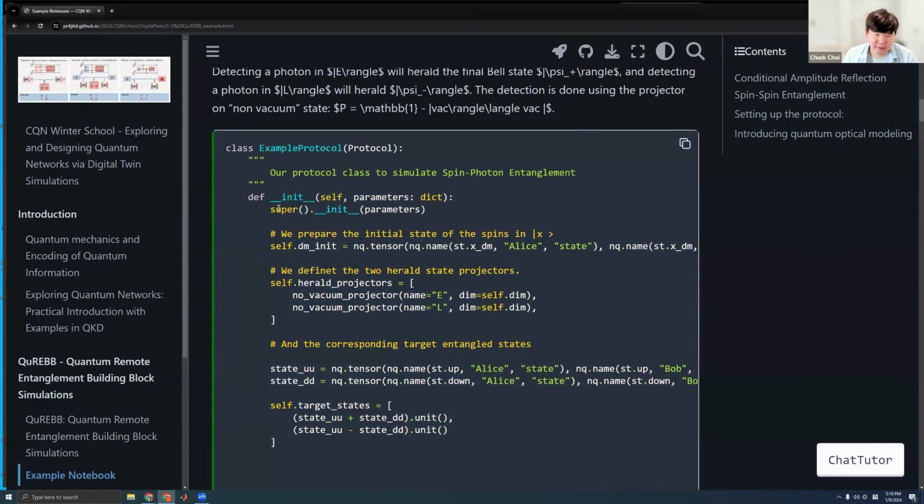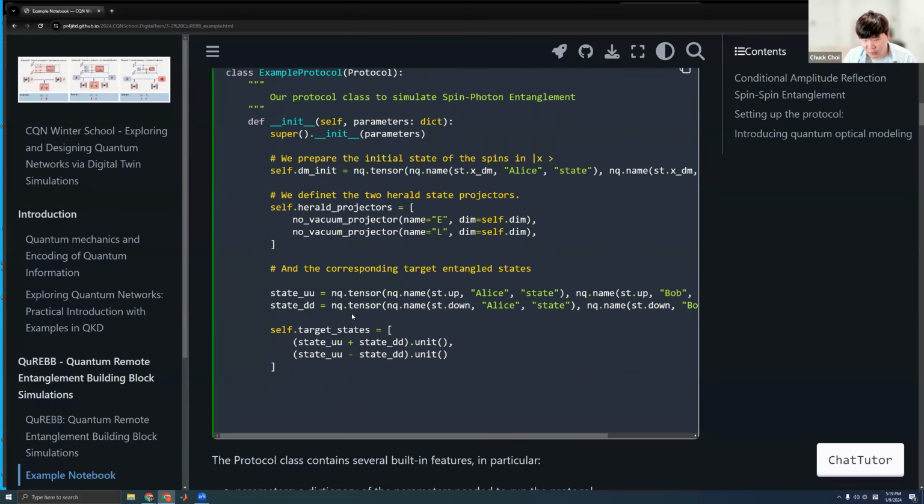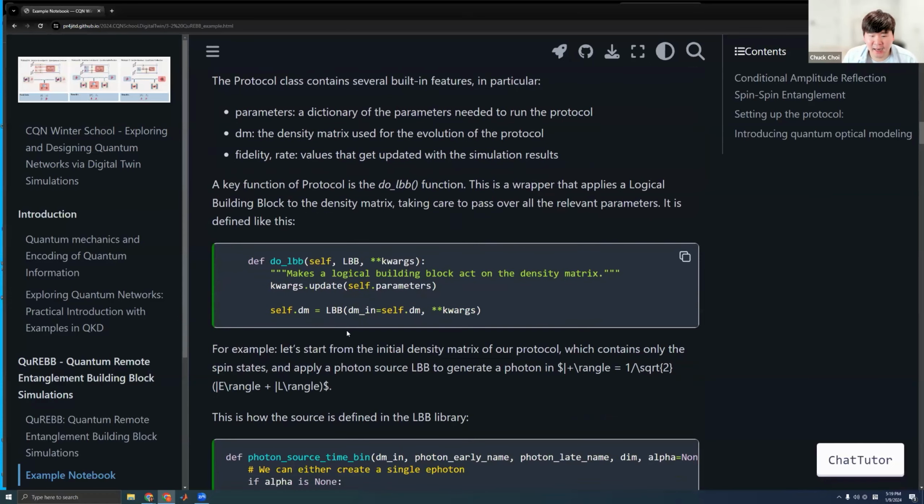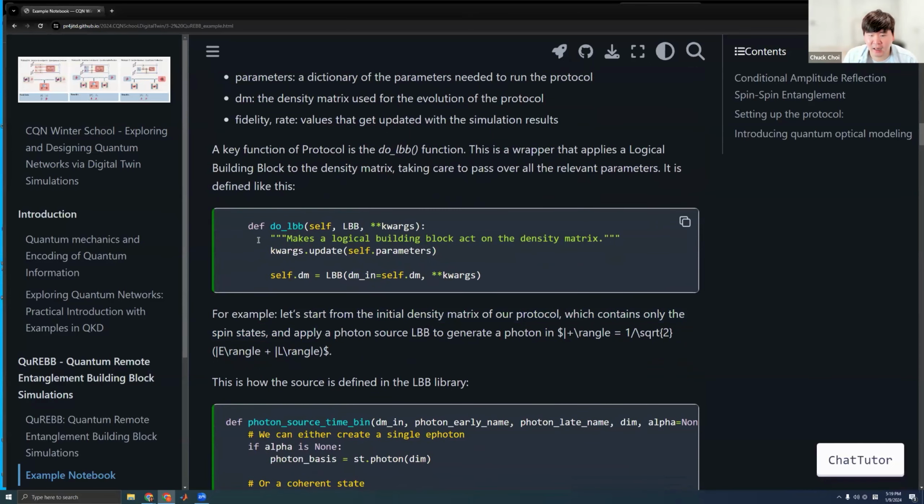Because this is a protocol, this is the part that you need to code by yourself for defining your protocols. But then you can configure your logical building blocks by using the function do LBB.